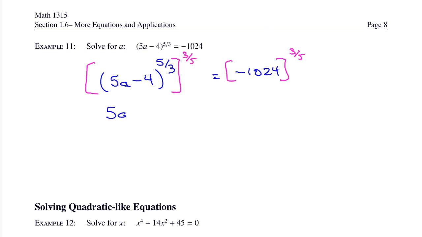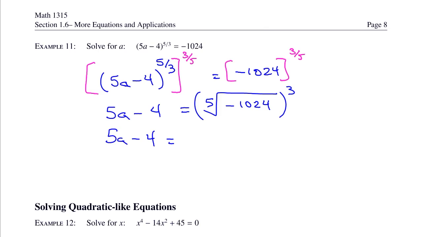That leaves 5a minus 4 is equal to the 5th root of negative 1024 cubed. So we have 5a minus 4 is equal to, the 5th root of 1024 is 4.